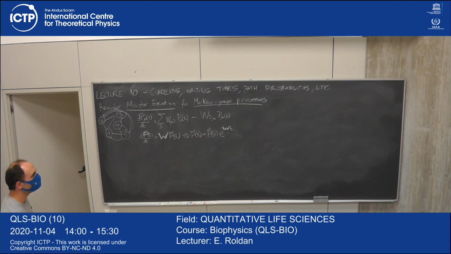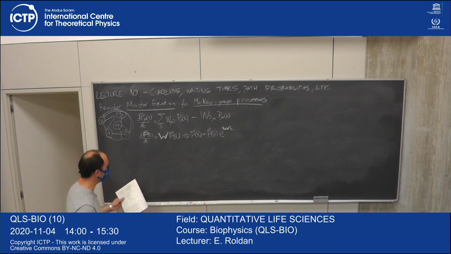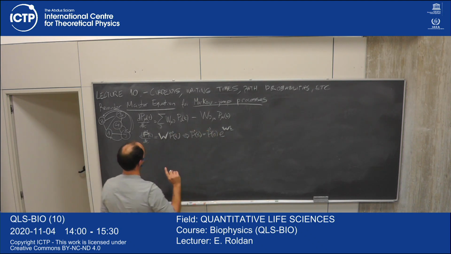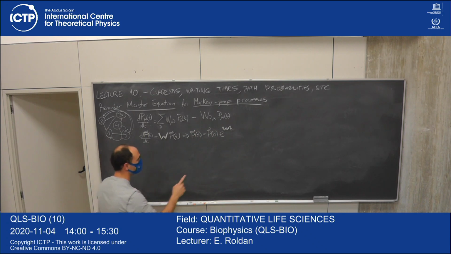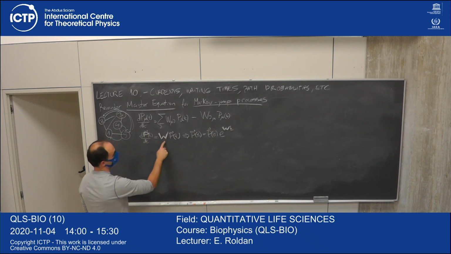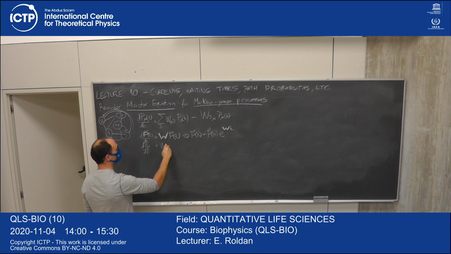Okay. So the next story is that now you can write this in this way. So in this way, this means that d p mu dt. This is a matrix product, so this will be w mu nu.